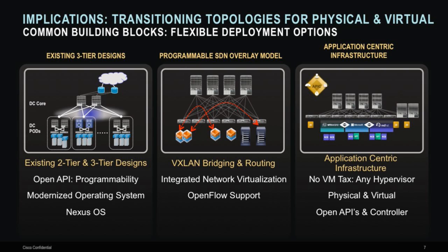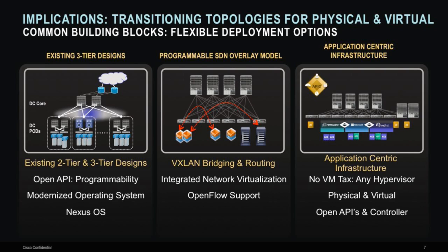So here's how we transition from our traditional networking to an ACI fabric. We start out with traditional networking, a 2 or 3 tier design. We have our core, aggregation, and access layer, which we're all familiar with. As we start cycling in Nexus 9000 series switches, we still have that traditional networking design we're used to, but we get the programmability that comes with Nexus Series 9000.